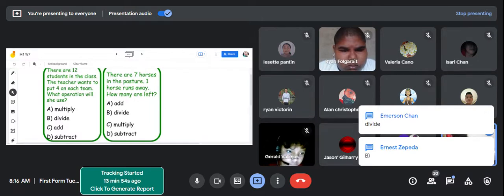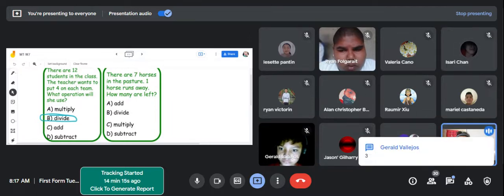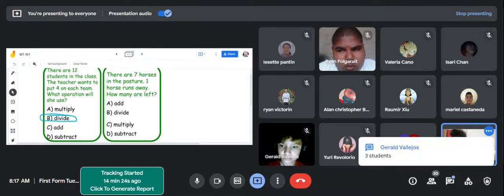We're going to be dividing. What is the answer to that division? If I were to solve the question, what would be my answer? 3 what? True, true. 3 students. There will be 3 students in each team.